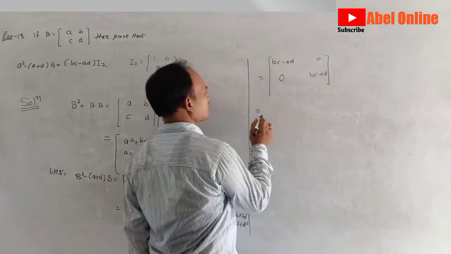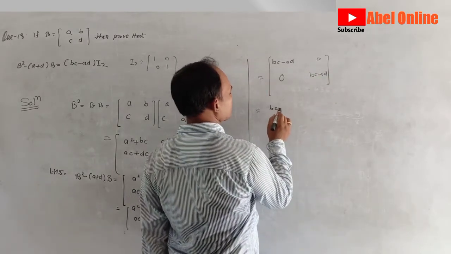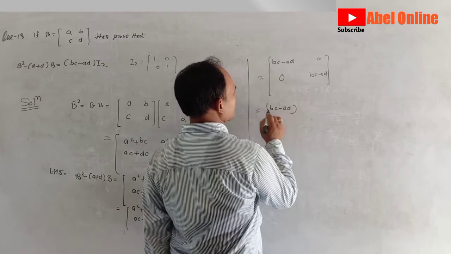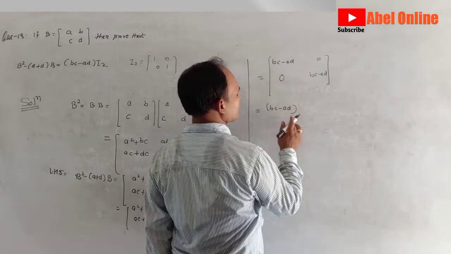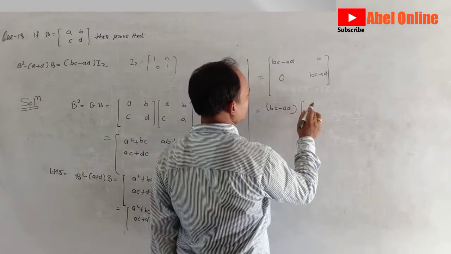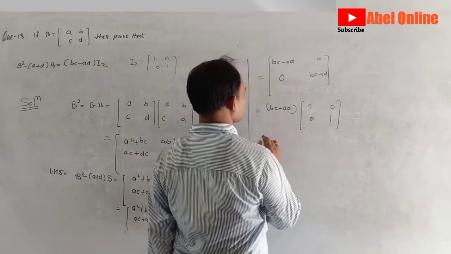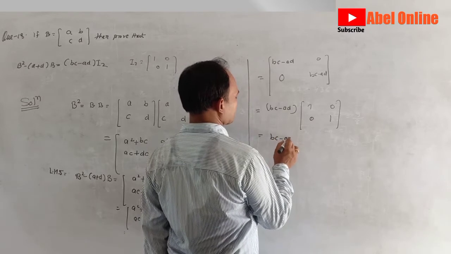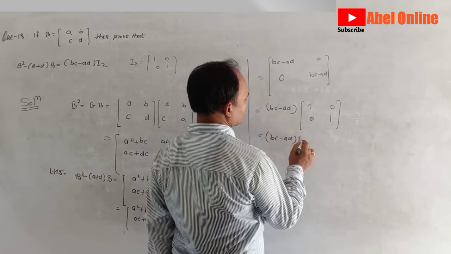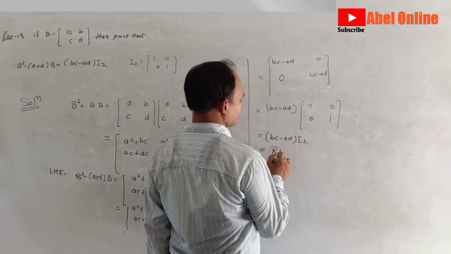What about now? BC minus AD is in both places, and here is the 0, so BC minus AD is a common factor. So it is 1, 0, 0, 1. It is BC minus AD times I2, and this is RHS.